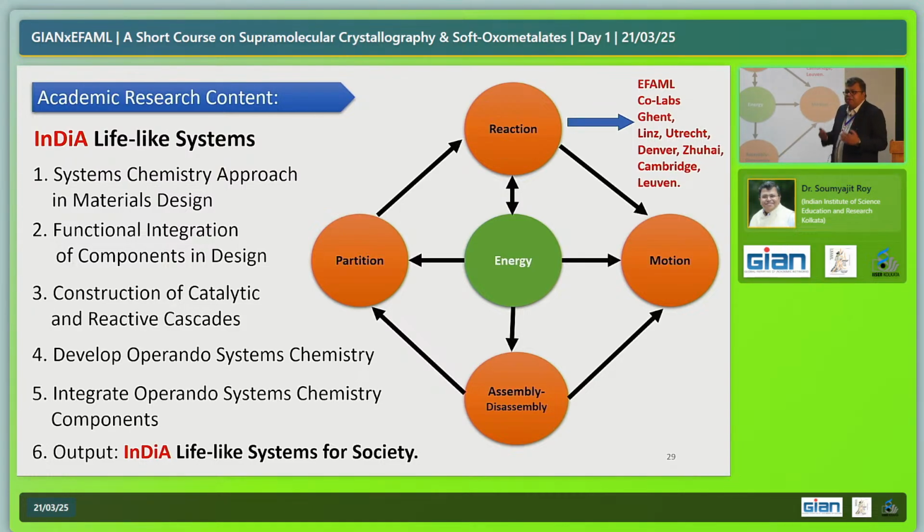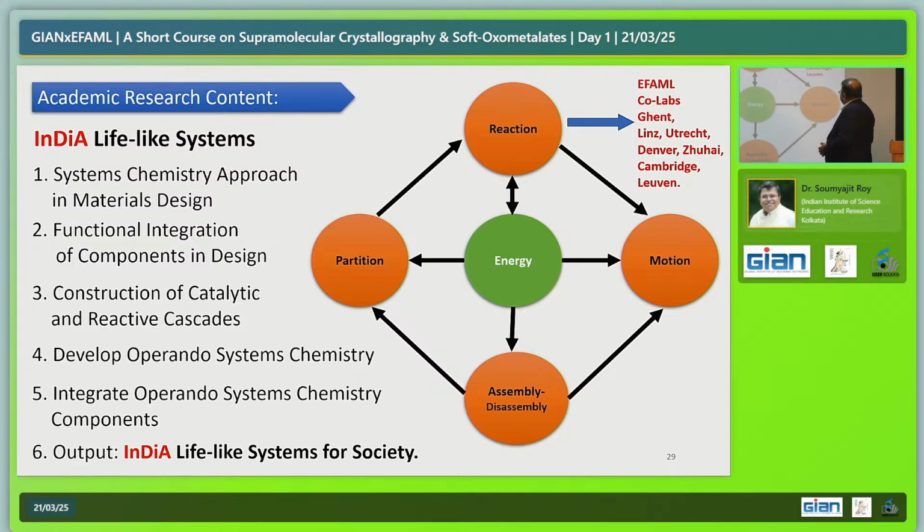We have in our mind a type of quadrangular system or a quadrangle where at the center we work with energy, then we use partition, and then with this partitioning we do reaction, and then here we collaborate also with other labs, and here is the reaction phase where we can harvest energy. And I have shown you C1, C2, C3, and that's where we are, and hopefully we will be able to go to C4 and even higher systems.